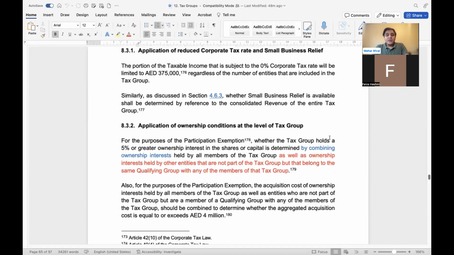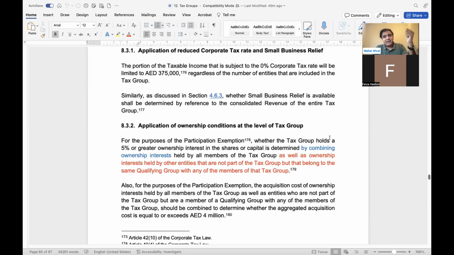Then the application of ownership interest at the tax group. We know the participation exemption. When is this participation exemption available? We saw when the taxable person has an investment in the juridical person, this investment is a minimum 5% of the share capital or in absolute value a minimum 4 million. The rest of the conditions are fulfilled: minimum 5% or 4 million investment for an uninterrupted period of 12 months.